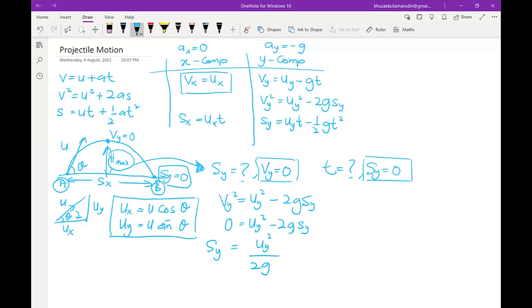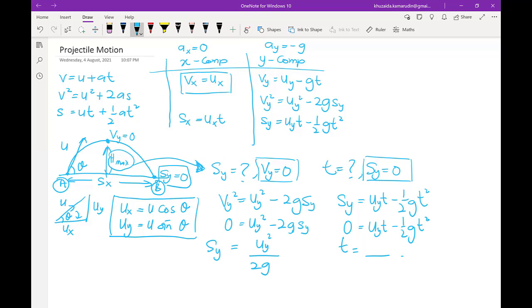So you will have the equation SY equals UYT minus half GT square. So you have 0 equals UYT minus half GT square, and then you rearrange macam biasalah untuk cari time of flight. Ini antara equation yang memang selalu digunakan. Nak cari time je, you akan guna SY equals UYT minus half GT square, melainkan case-case yang lain lah.